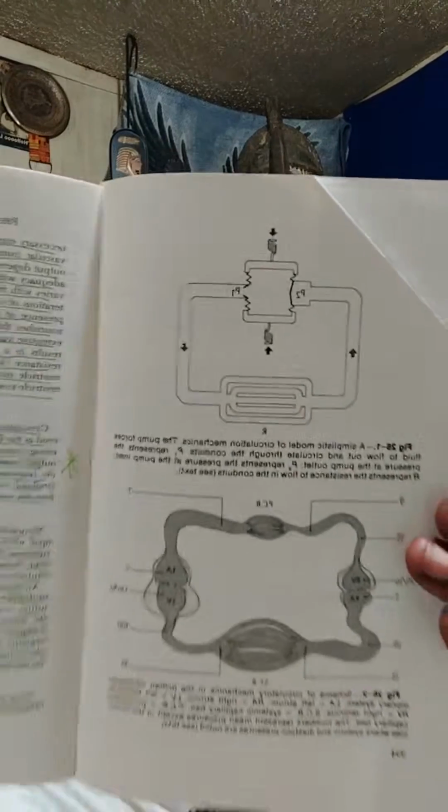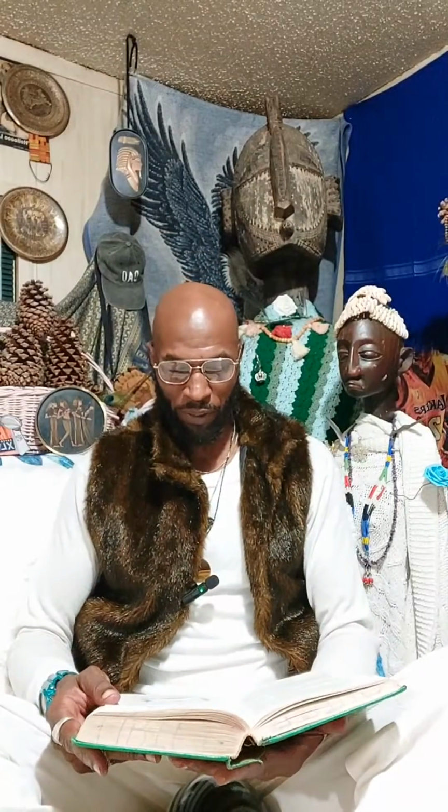As you see, 26.1, and 26.2 is right underneath. And I'll read this caption. It says, schema of circulatory mechanics in the human cardiopulmonary system. LA equals left atrium. RA equals right atrium.